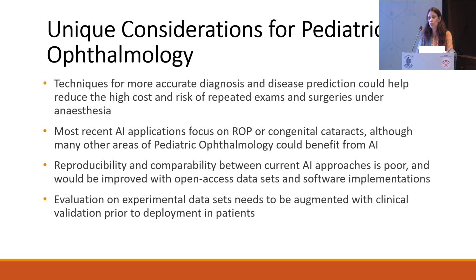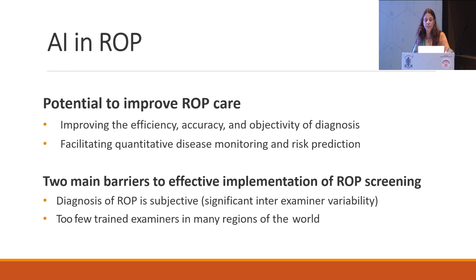This is what we are looking for when we try to develop tools or algorithms for AI in pediatric ophthalmology. But most of these tools still need clinical validation before they can be deployed in patients. Let's talk about AI in ROP.